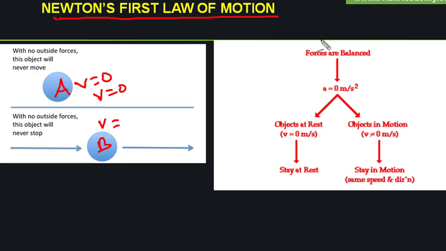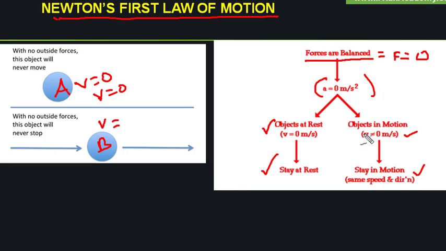Now, in the tabular form or in the graphical form, Newton's first law of motion can be explained like this. So if the force is a balanced force, meaning the resultant force is zero or there is no force applied, then acceleration is zero, meaning an object at rest will remain at rest and an object in motion will stay in motion at the same speed and direction.